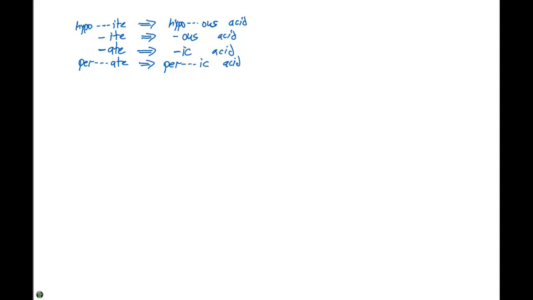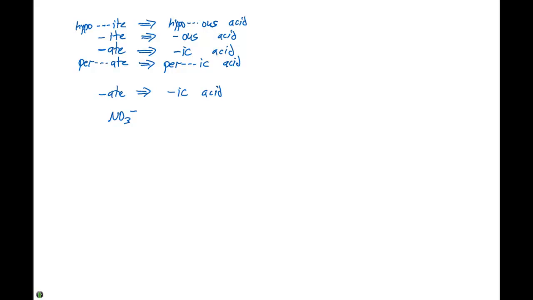So let's go through some examples here of how we would use this little table to figure out what our acid name was. If we start with the ates, so if our ion ends in ate, it's going to become an ic acid. So for example, if we have NO3 minus, remember that hydrogen, when it forms a cation, is going to be H plus.